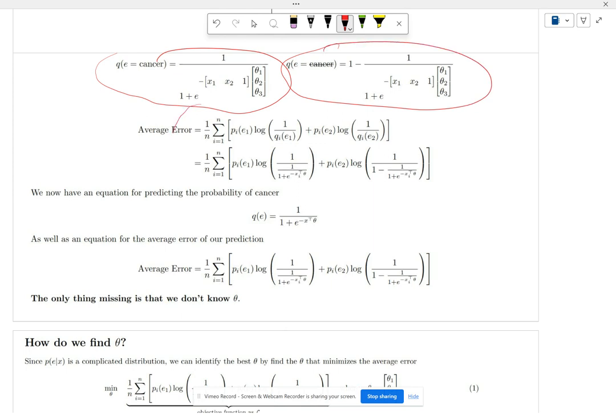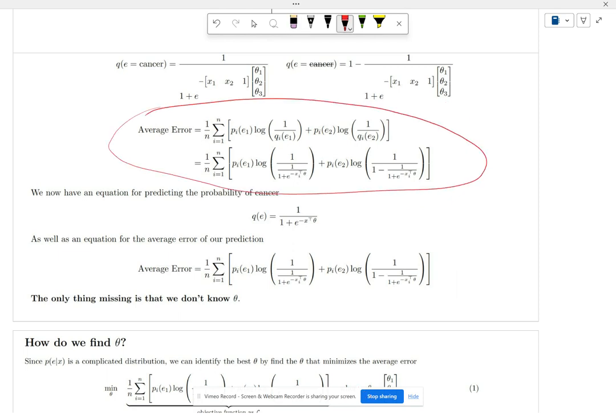I'm going to plug them in here, and I'm going to plug them in here. I just plugged Q of E with or without cancer in. So now we have an equation. This right here is the equation that has theta inside and represents the average error.